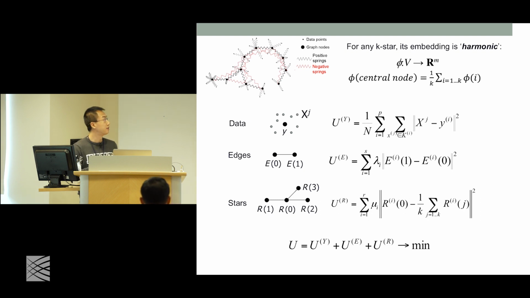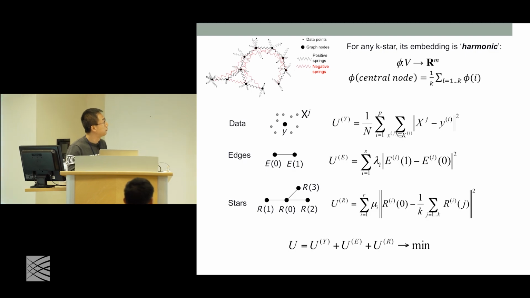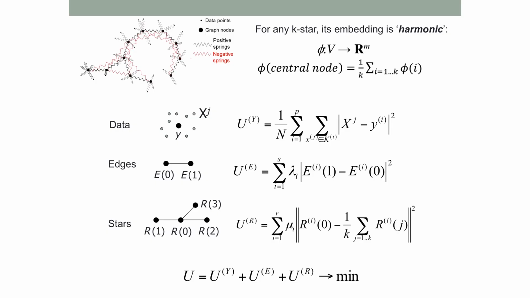to the stars. As you can see, for example, for this node, it's a 3-star here. It's a 2-star here. There are only two neighbor nodes, and it also has a negative spring connecting its leaf nodes.